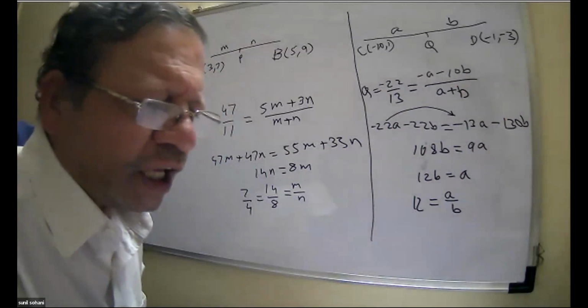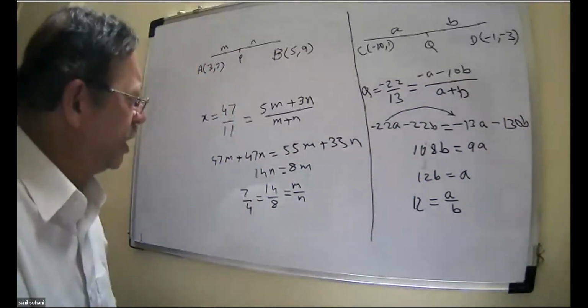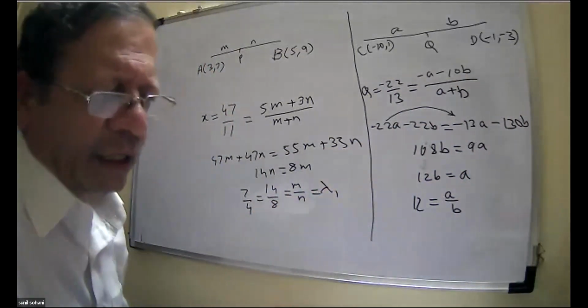As you can see in the question, they were asking AP upon PB. That was lambda 1, so AP upon PB is this one.